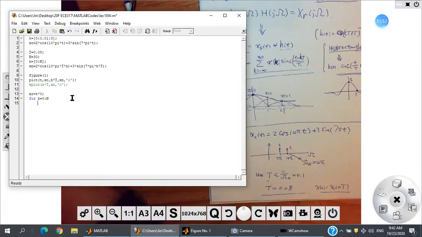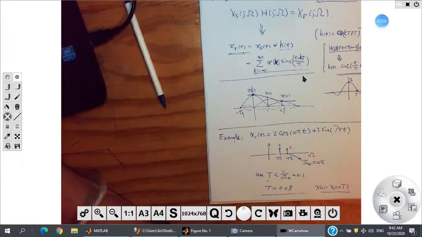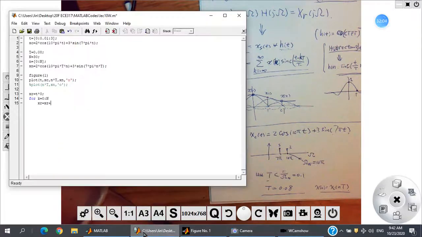By that symbol I need to add to XR, let me see, the formula is here, XR plus the symbol times sync.